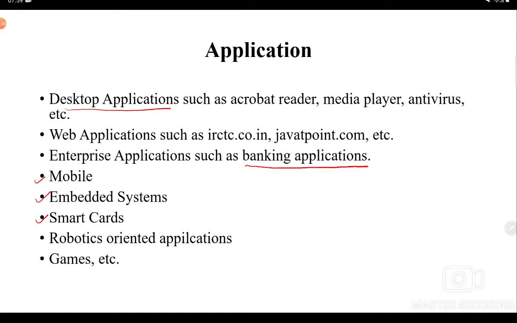Then we have robotics oriented applications. Different types of robotic arms and robotic systems use the Java programming language as a backend. And last but one of the most important sectors where Java is used are games.